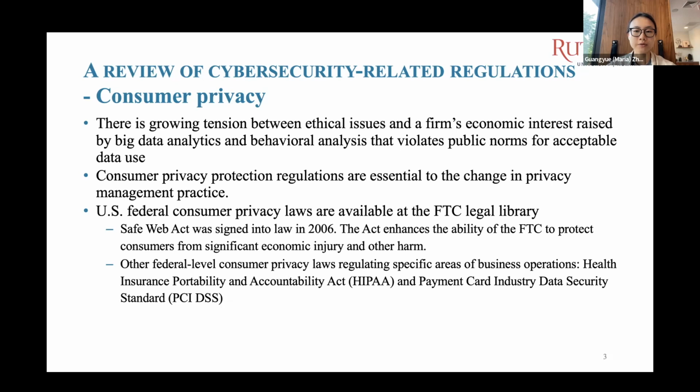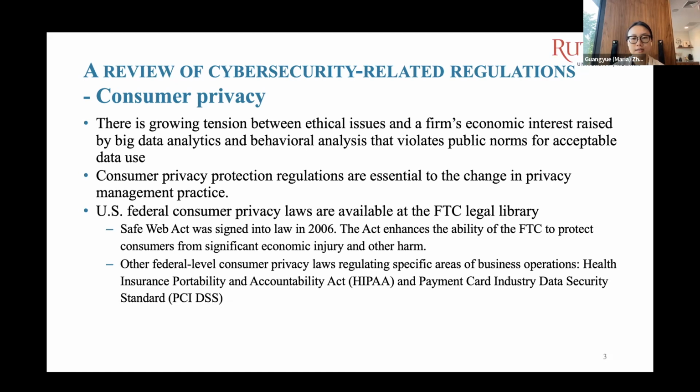For the federal level, these laws are available for search at the Federal Trade Commission Legal Library. The first seminal act that was signed into law was the SAFE WEB Act, signed into law in 2006.